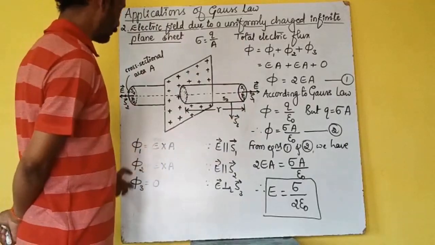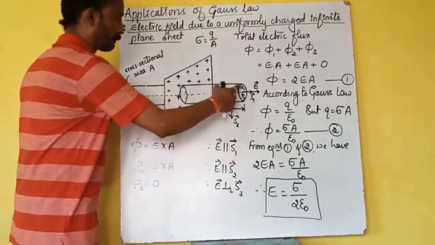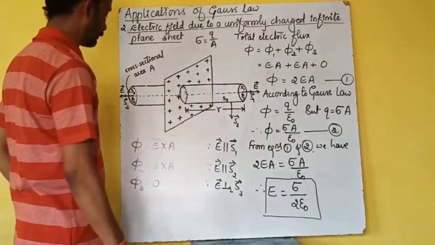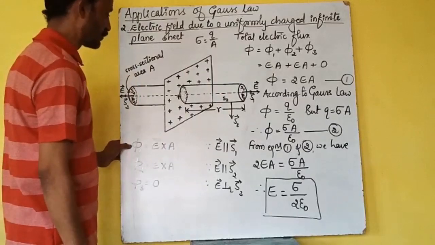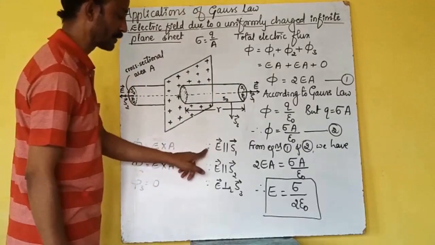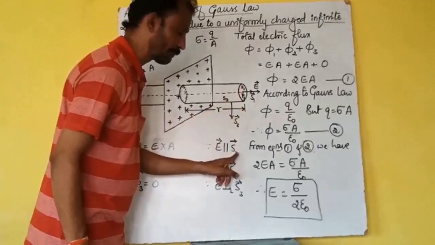Let phi 1, phi 2 and phi 3 be the electric flux through the surfaces S1, S2 and S3 respectively. So phi 1 is equal to E into A, because the electric field vector is parallel to the area vector of S1.